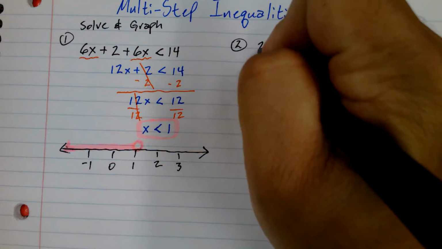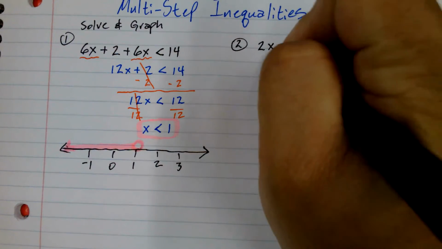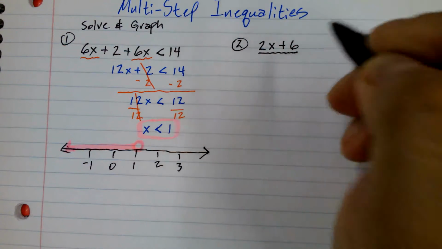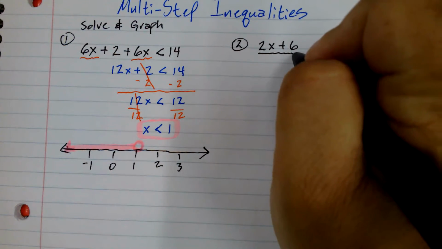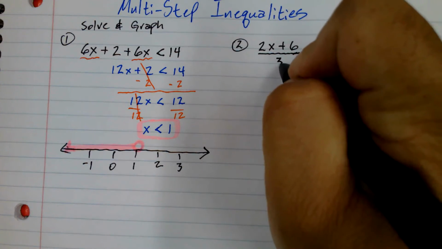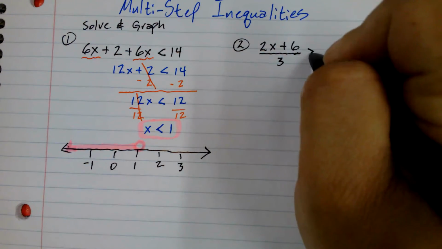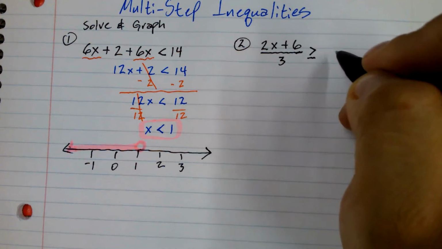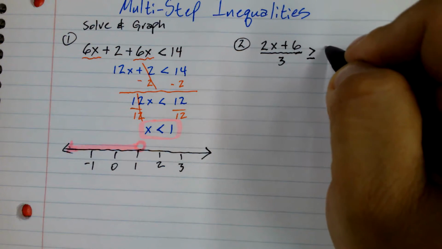We're going to do 2x plus 6, all of that divided by 3, is greater than or equal to 4.